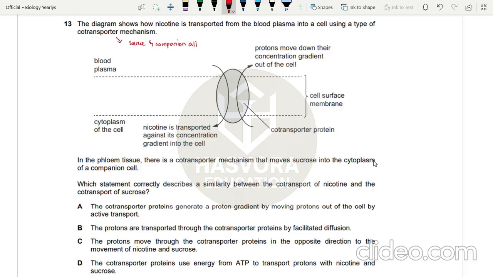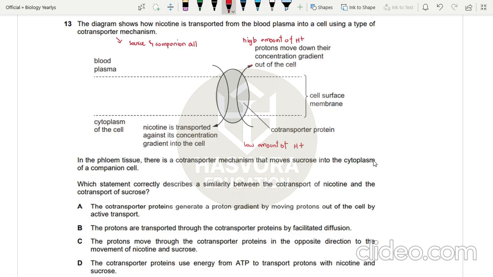So what actually happens is that, for example, if the protons are moving down their concentration gradient, it means that there will be a high amount of H plus ions here, and a low amount of H plus ions here.